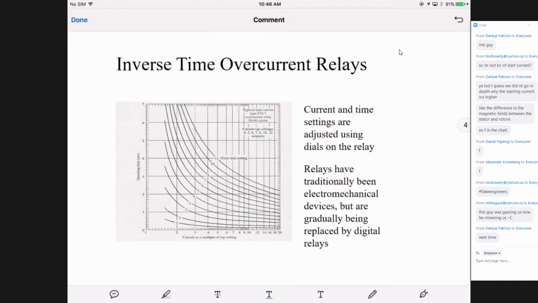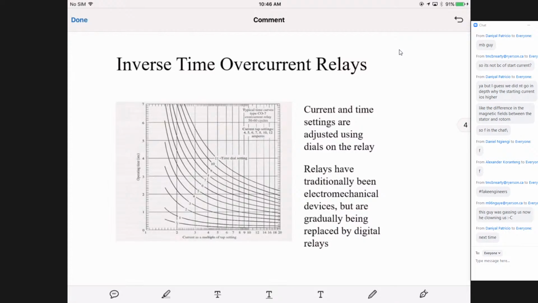At that time it used electromechanical relays. Now we use digital, but the digital just repeats the electromechanical relay. The characteristic is the same. We program the inverse curve to be the same as this.